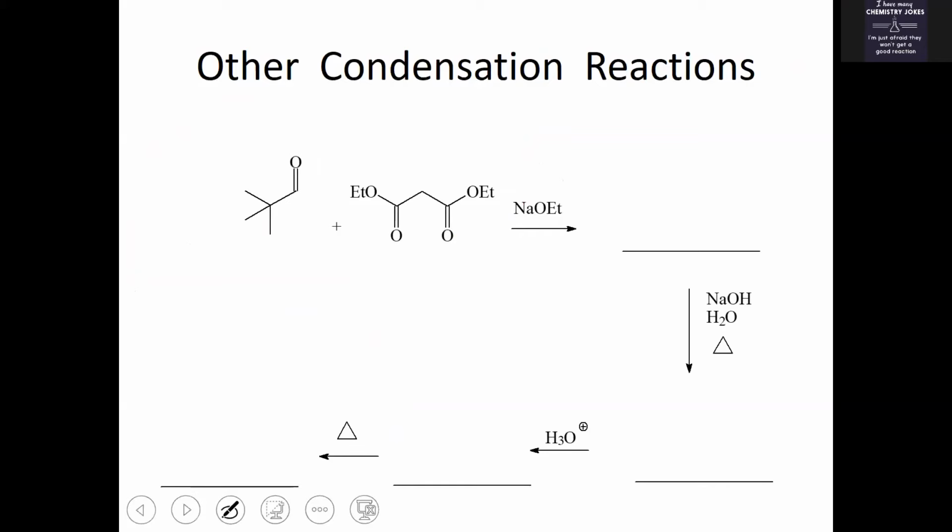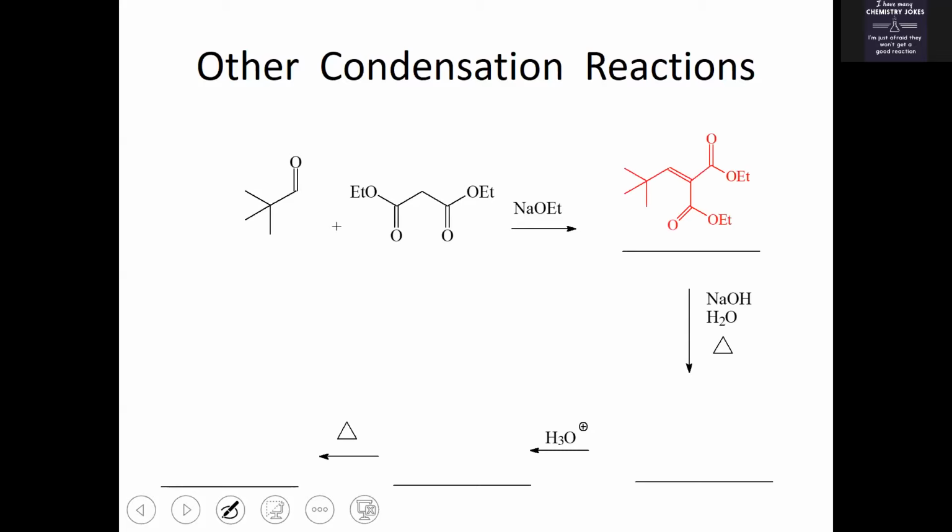So malonic and acetoacetic are frequently referred to by name, but there are lots of varieties of things like this, such as this one. When you add this aldehyde and this diethyl malonate together with sodium ethoxide, it's going to do an aldol-like condensation. Give you that product.